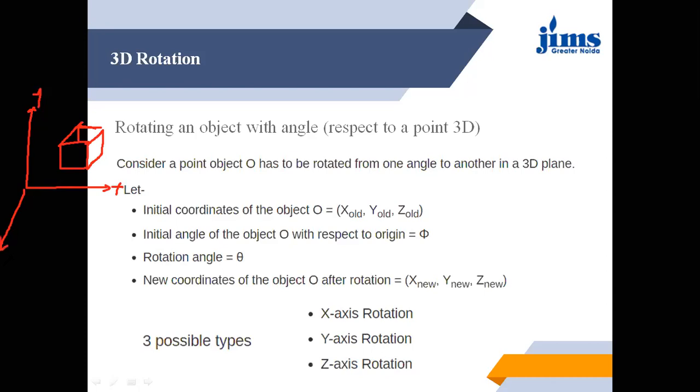So there can be three cases. Either I am going to rotate it with respect to the x-axis.